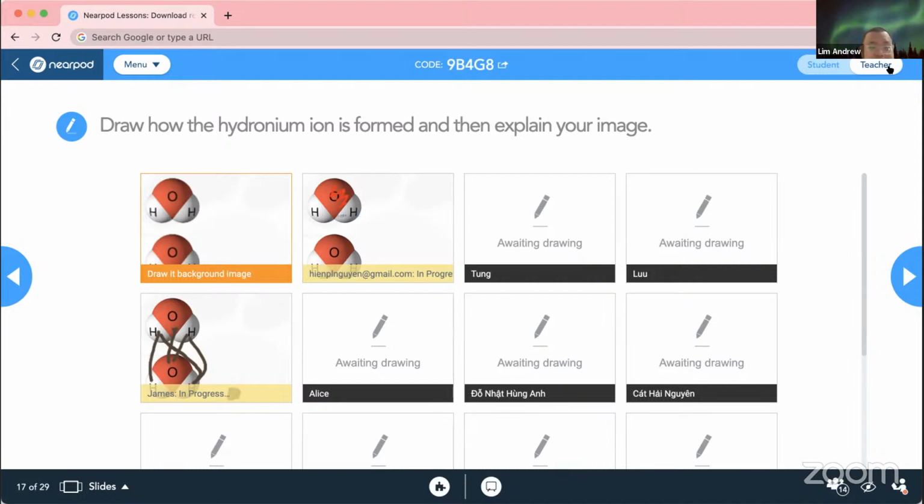So as mentioned earlier in the video, a hydronium ion is a water molecule that is a product of the interaction between hydrogen and oxygen atoms.